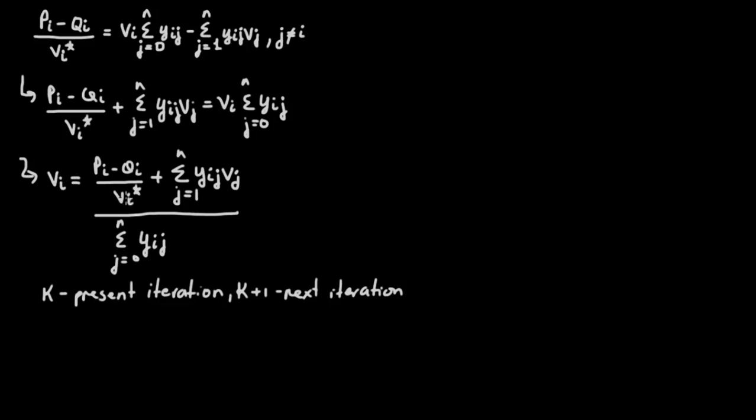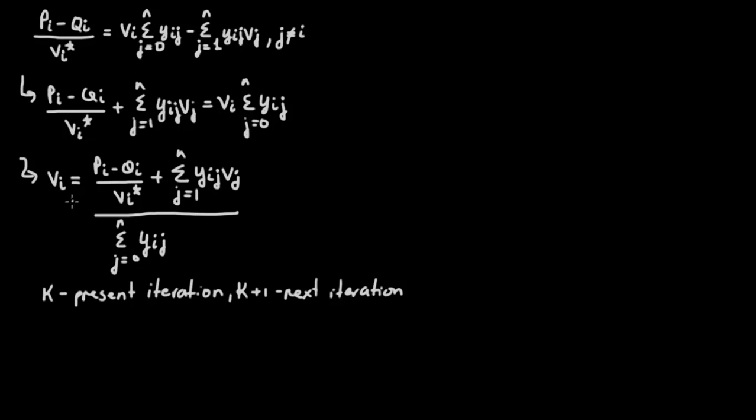But the reason that's the case is because this is the next iteration and this is the present iteration. So when we take our initial guess, we plug it in over here, and then we compute the voltage again, knowing the powers and the admittances and everything else in the circuit. Then we get a new value for that voltage, take that value, put it back in this equation, and calculate it again. That's how our iterative process works.